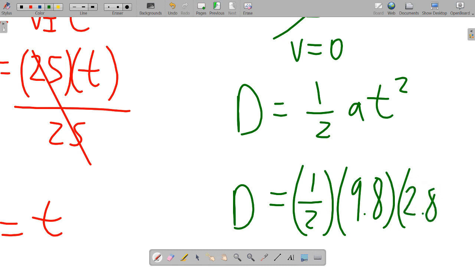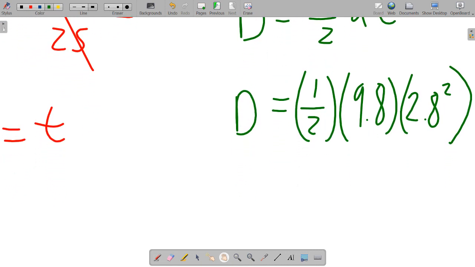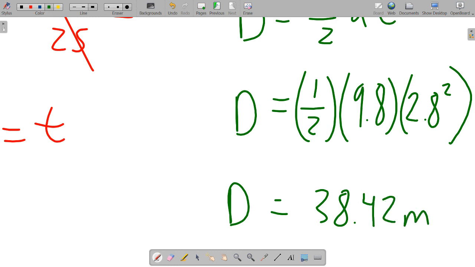The time in free fall that we solved for was 2.8 seconds. Of course, we're going to square that. Okay. And when you put that in your calculator, 1/2 times 9.8 times 2.8 squared, your displacement in the y direction is going to be 38.42 meters. And that is your final answer.